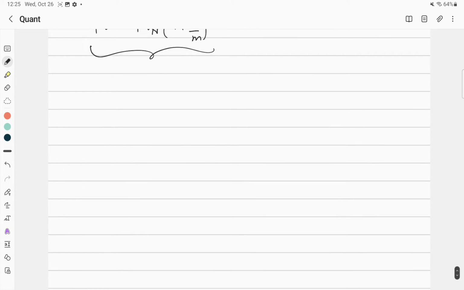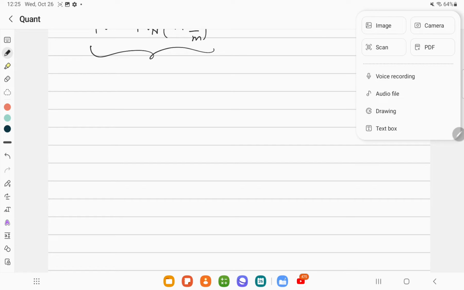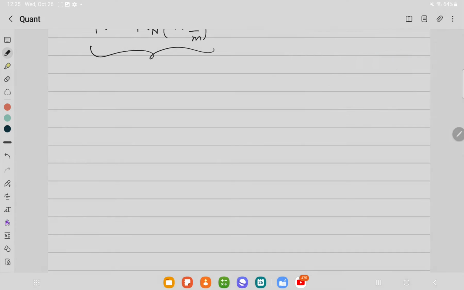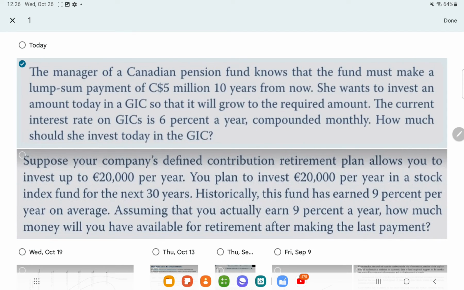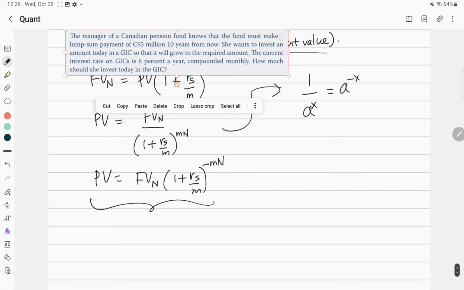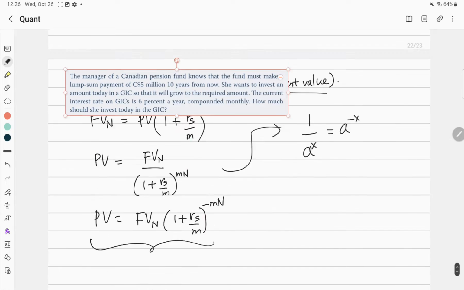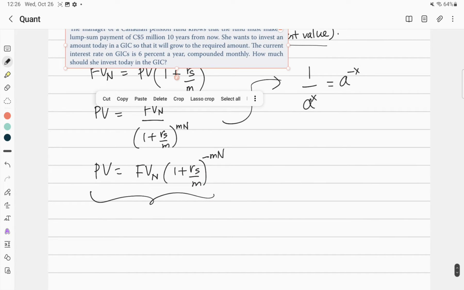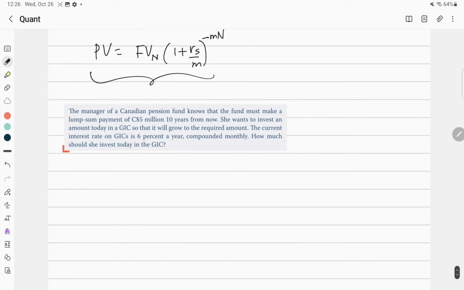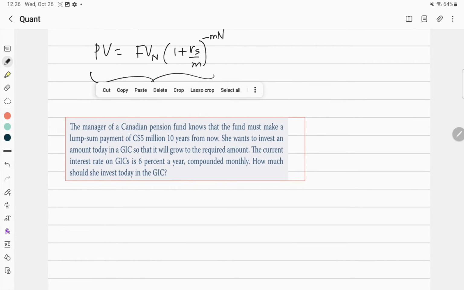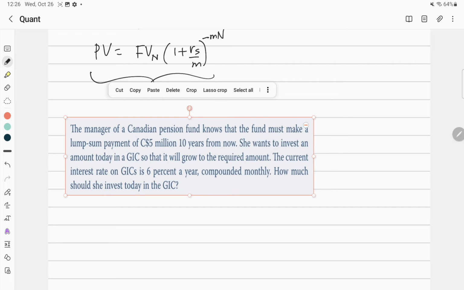So let's just import the example. All right, let's see the example. Let's expand this a little bit so it's easy to see.